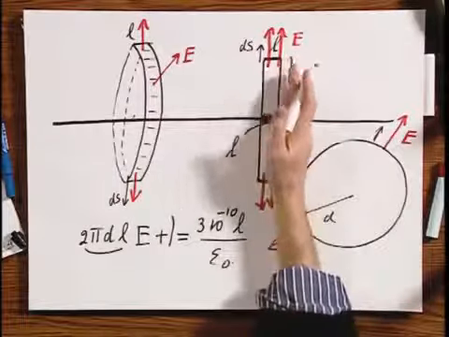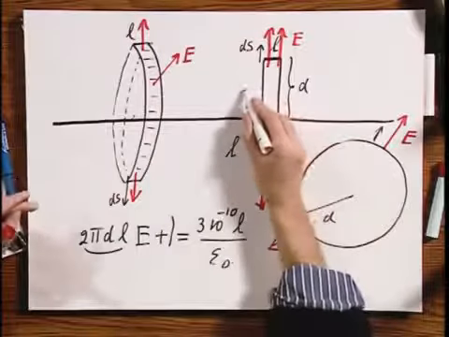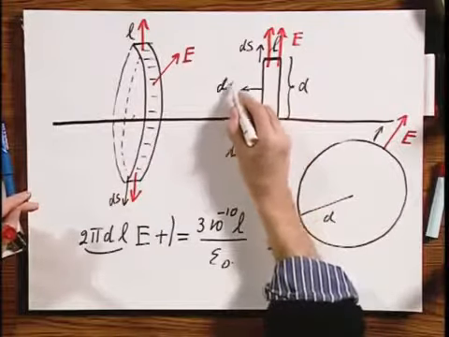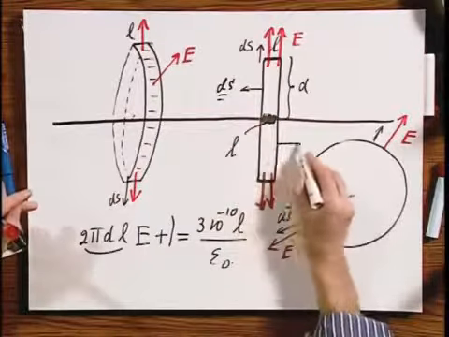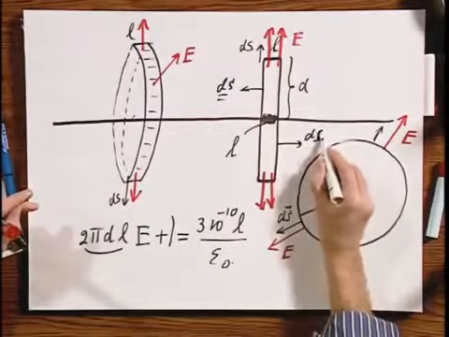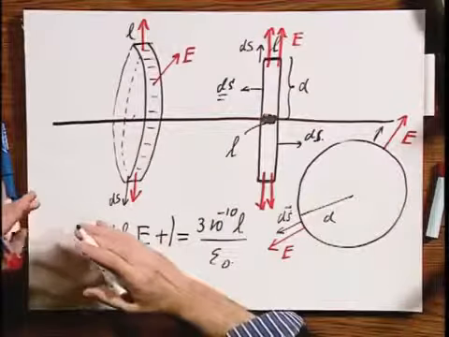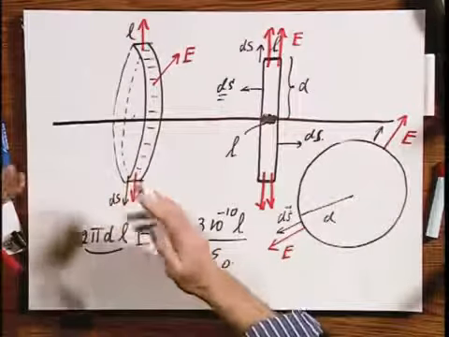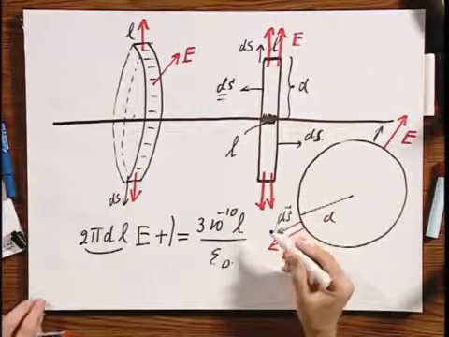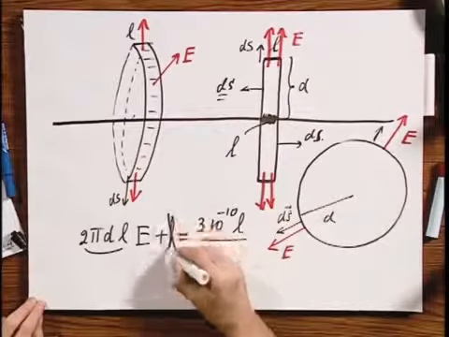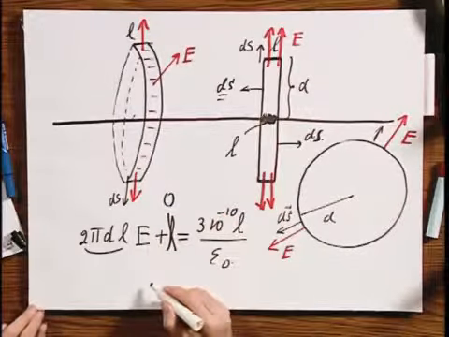The flux that escapes from the sides is 0, because dS is always perpendicular to the surface and is therefore, in this entire problem, for this side and for this side of the coin, the dS dot E is 0 because E and dS are perpendicular to each other. So there is nothing here. It is 0.